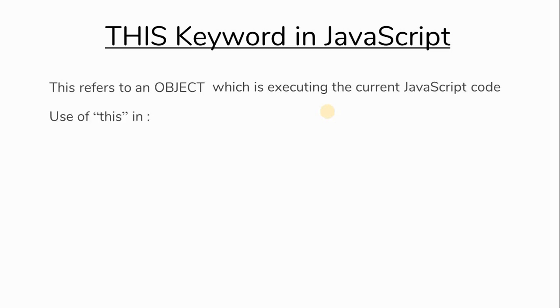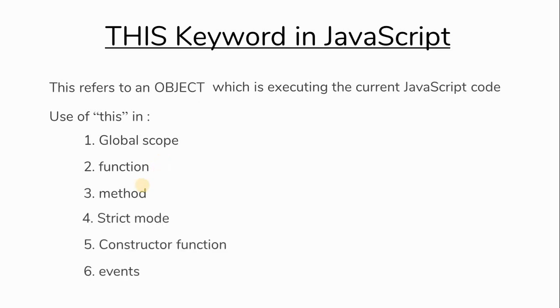The first place to understand is the use of this in global scope. If we use this keyword in global scope, how will it work? Secondly, if we use this keyword in functions, how does it work in a function? Similarly, third, if we use this keyword in a method, how is it going to work in methods? Likewise, we will see how this works in strict mode, in constructor functions, and in events, right?